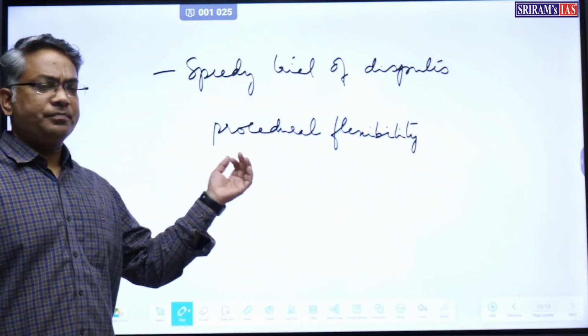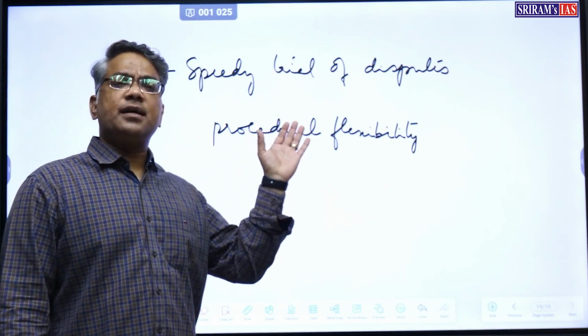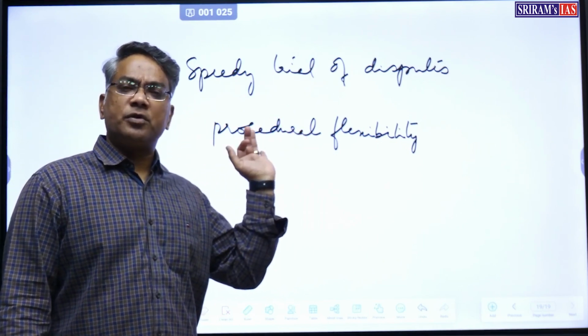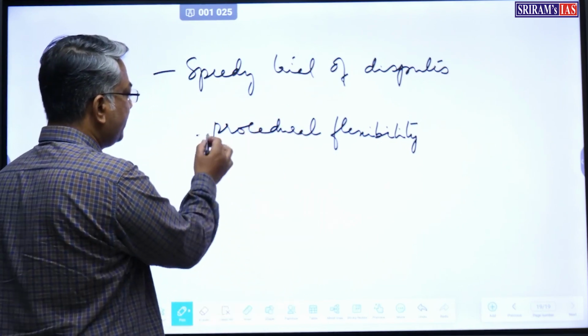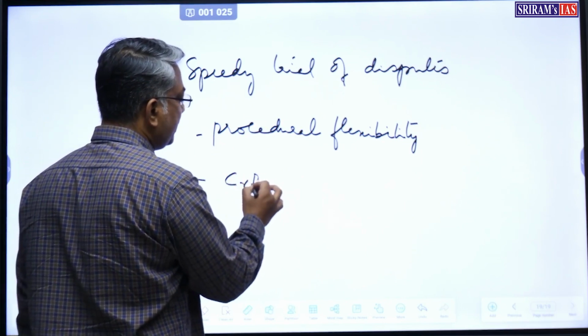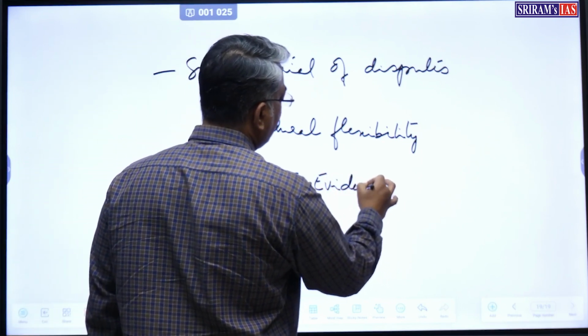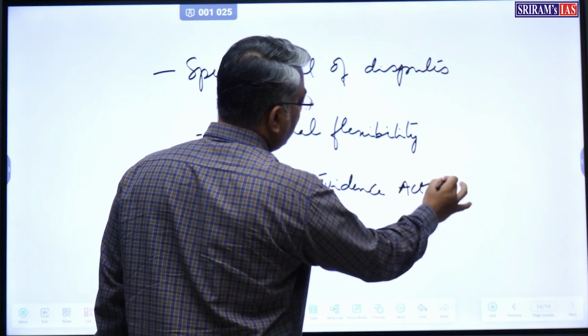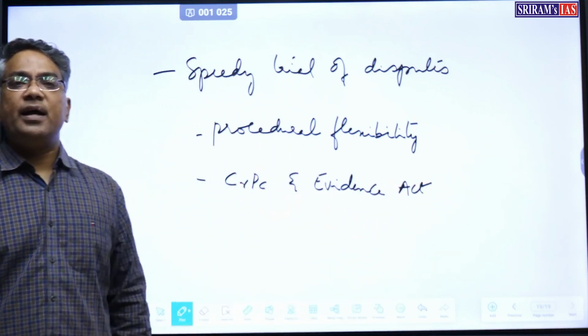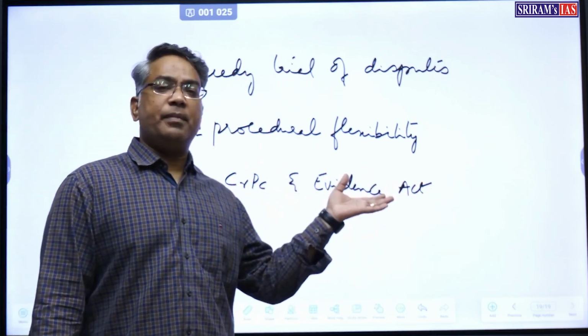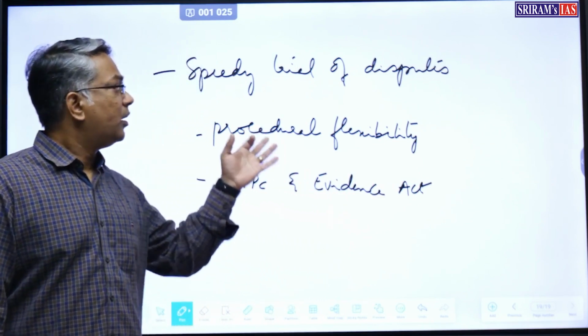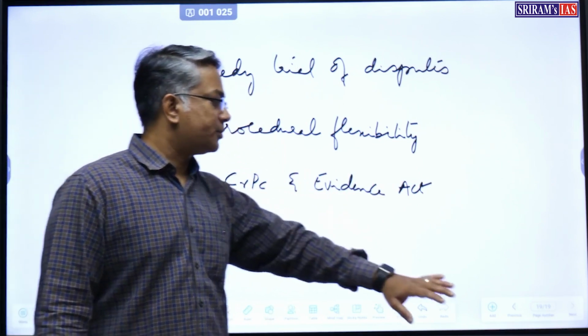That is, there is no strict application of the procedural laws like CrPC and the Evidence Act while assessing the claim by the Lok Adalat. So, it facilitates speedy trial of disputes.